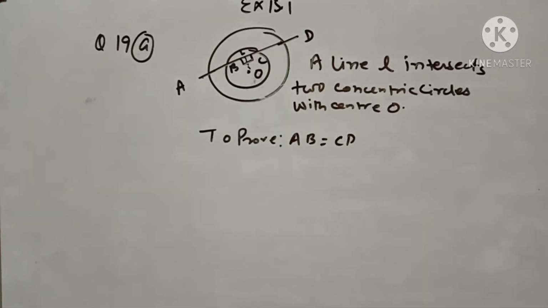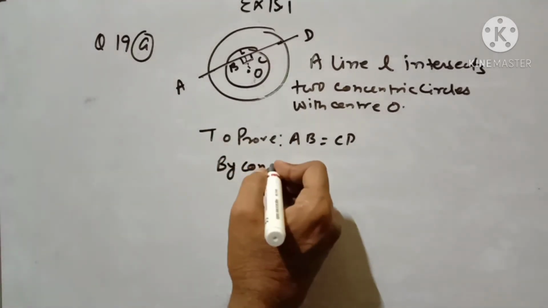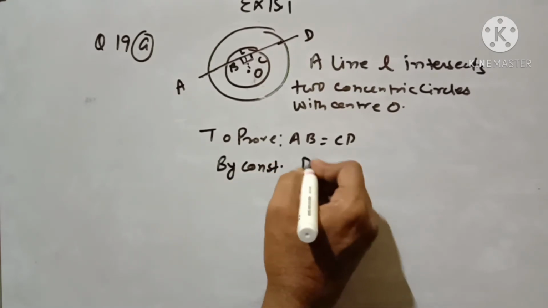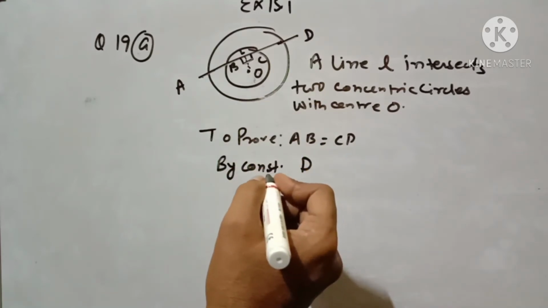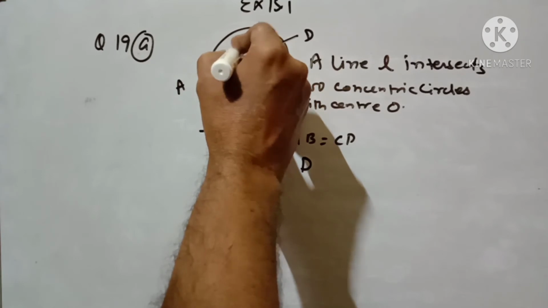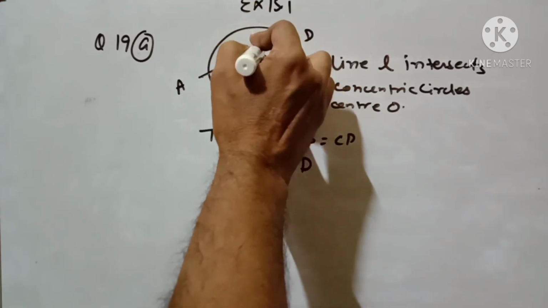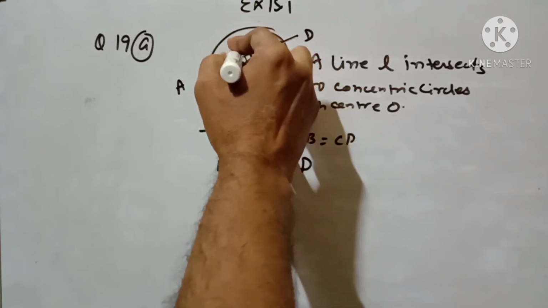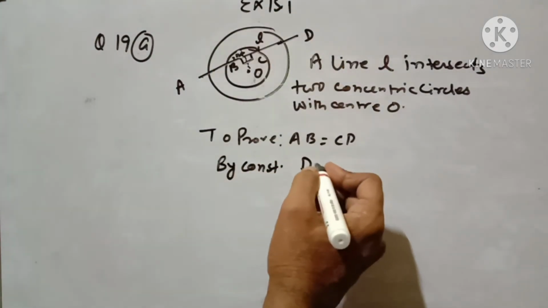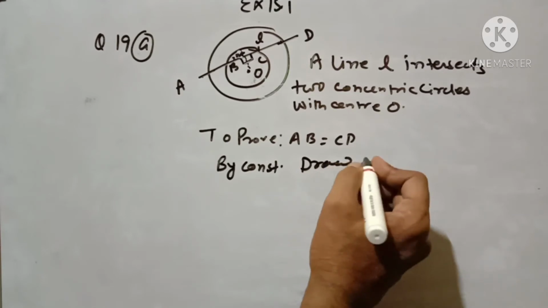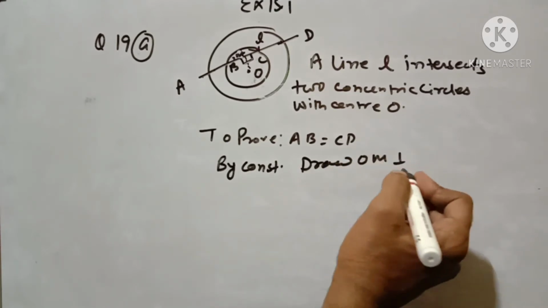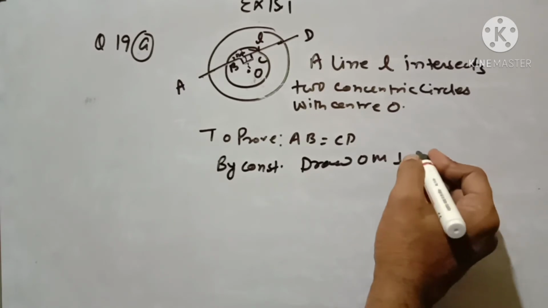AD equal to CD. Now write down by construction, draw OM. This is line L, so you can write here only. This is M. So draw OM perpendicular to BC.